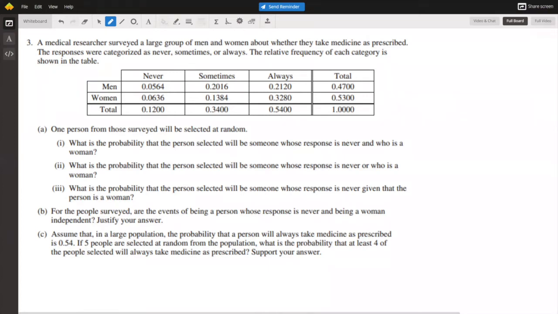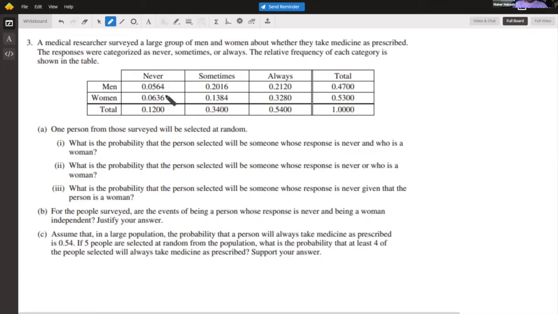Would it be 0.0636 divided by 1? Yes, perfect. Wait, why would it be divided by 1? Wouldn't it be 0.53? Because it's from all of those selected, all of those surveyed.